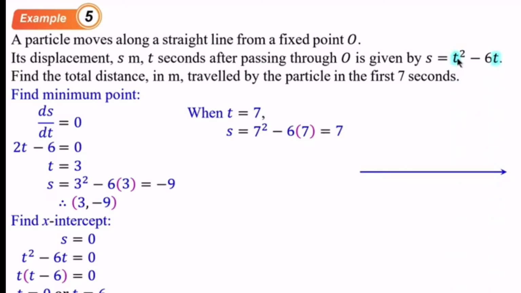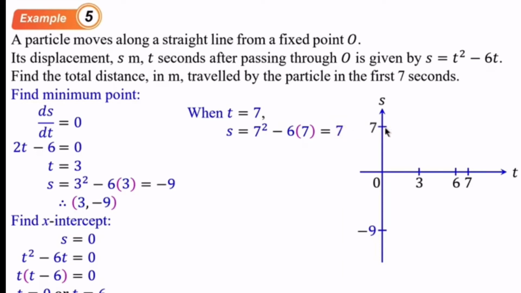Now let's try to sketch the graph. We will label t as the horizontal axis and s as the vertical axis. Then we plug in all the important points so that we can sketch the quadratic function. The intercepts are at (0, 0) and (6, 0), then we label t equal to 7, and the turning point is at (3, -9).